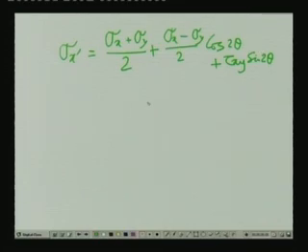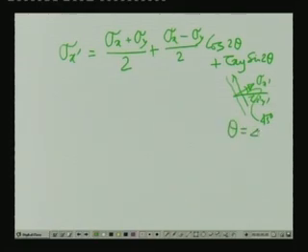In this particular problem, the stress on the inclined plane is given, which are sigma x dashed and tau x dashed y dashed, and the normal to this plane is at an angle of 45 degrees. So theta here is 45 degrees, thereby 2 theta is 90 degrees.